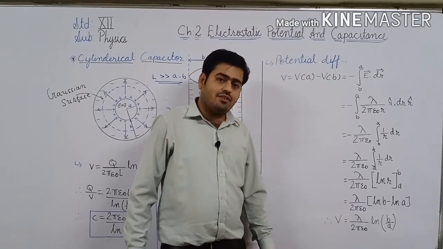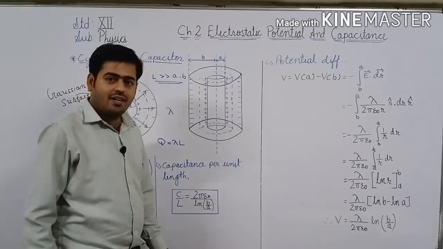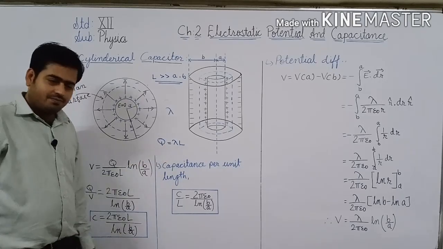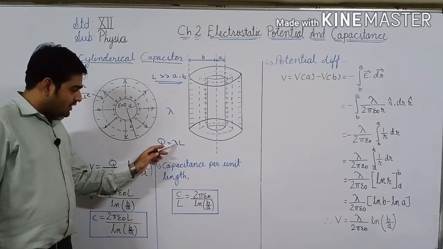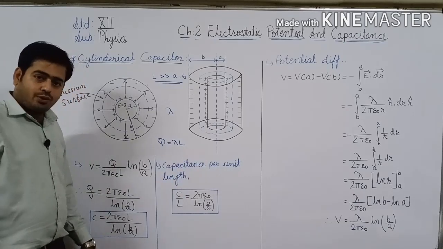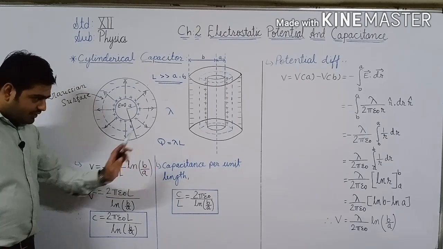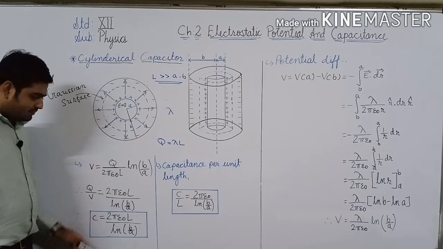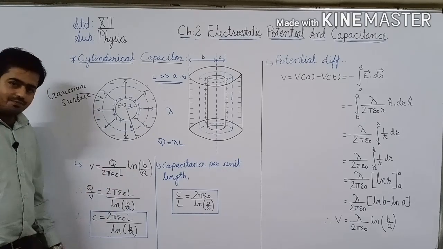But capacitance is equal to Q by V, and we know the relation between lambda and Q. Charge Q is equal to lambda L, therefore lambda is equal to Q by L. So instead of lambda we can substitute Q by L. Therefore potential difference V is equal to Q by L, upon 2 pi epsilon naught, as it is, ln b by a.